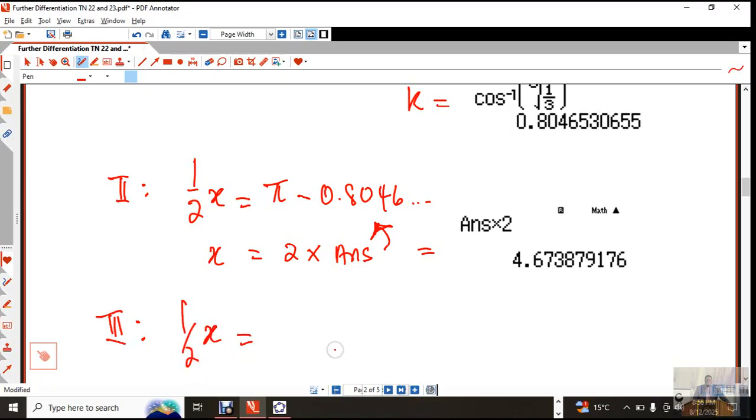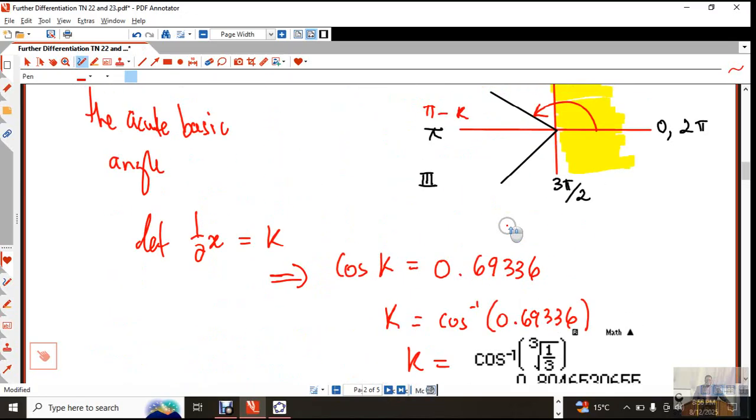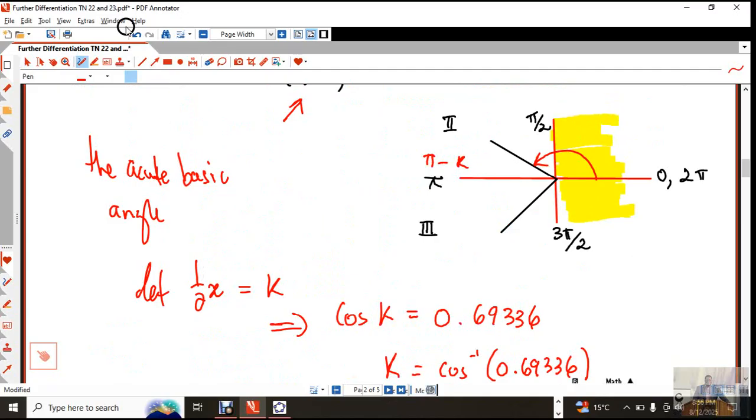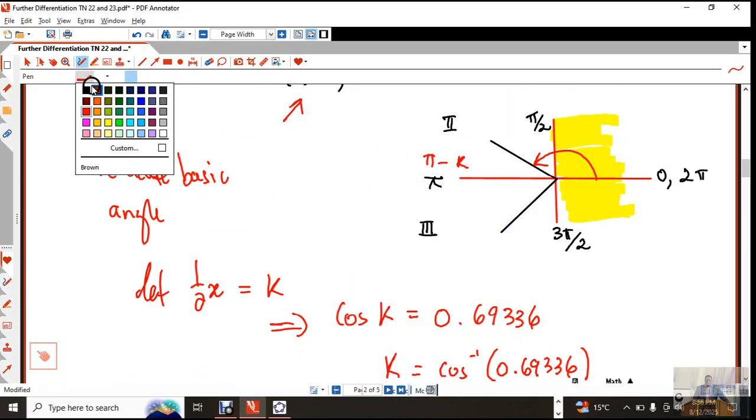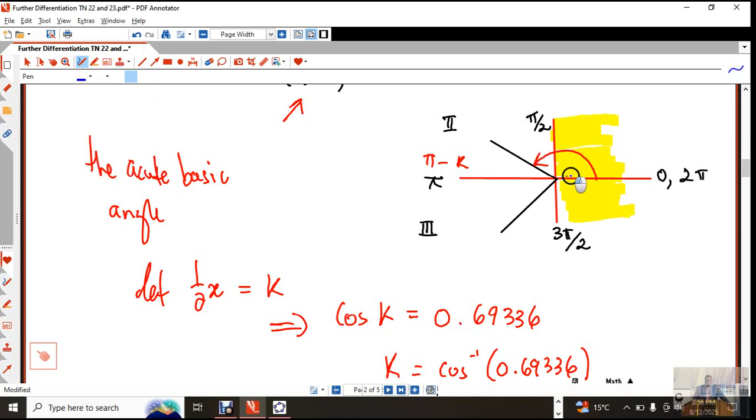So in the third quadrant, if we have to find that angle in the third quadrant, suppose I'm talking about this angle all the way from here, all the way up to there. That will imply that it's pi plus k.